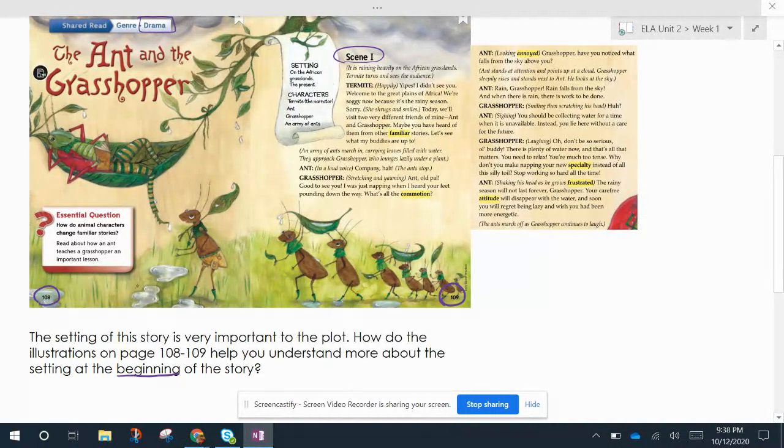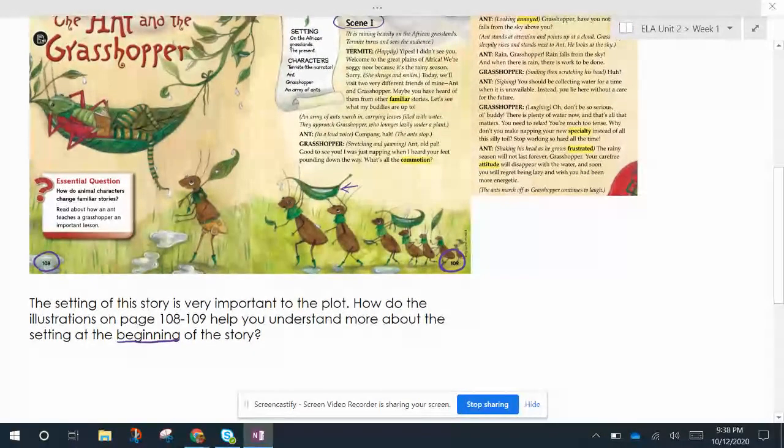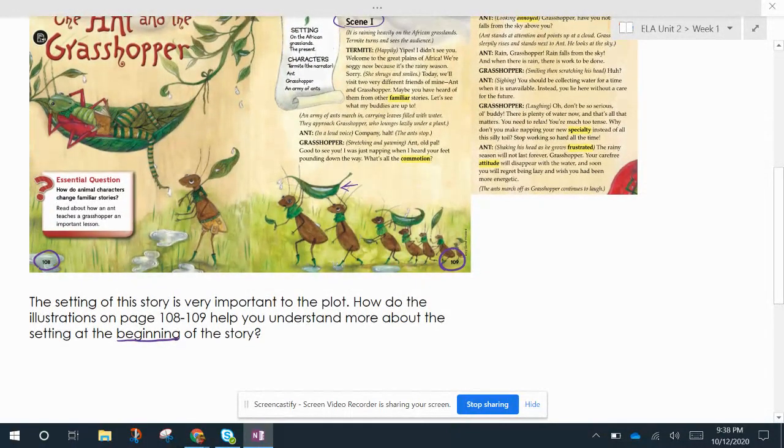We can see it's very green. There's lots of water. Our friend Grasshopper is relaxing over here, and all the ants are collecting water. So let's go ahead and restate our question before we answer it. So I'm going to take out my question words and my question mark. The illustrations, I'm going to go ahead and take this part out, on page 108 and 109. That's not necessary.